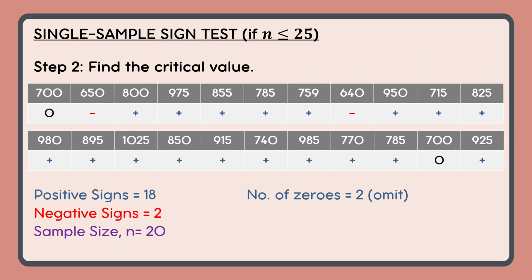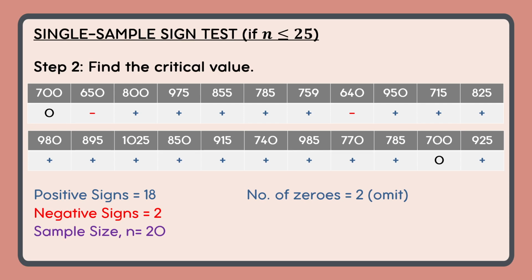Now let us find the critical value. To find the critical value, we have to consider the data set given from the problem. First, we have to subtract the hypothesized median from each value of the data set.